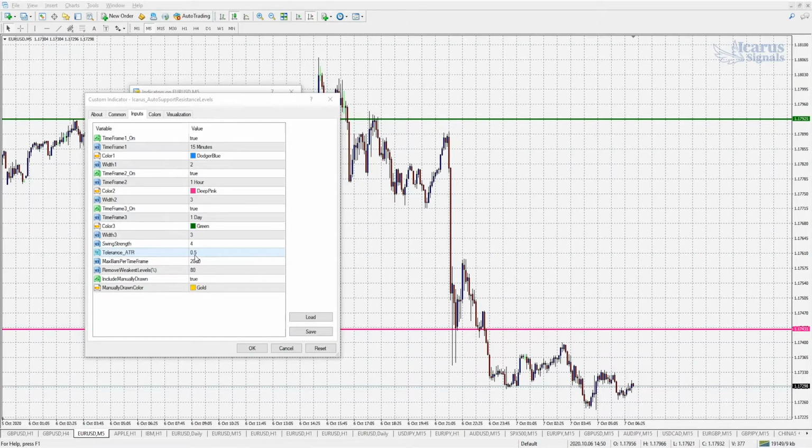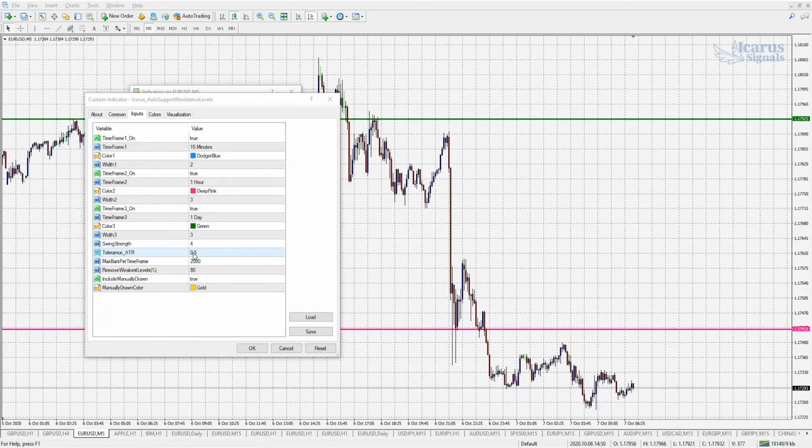And then we move to the tolerance ATR. Basically, this controls whether or not we're going to draw a support and resistance line if another support or resistance level shows up close to one which has previously been printed. We want to make sure that we don't populate the chart with a huge amount of lines which then become superseded or a little bit superfluous.